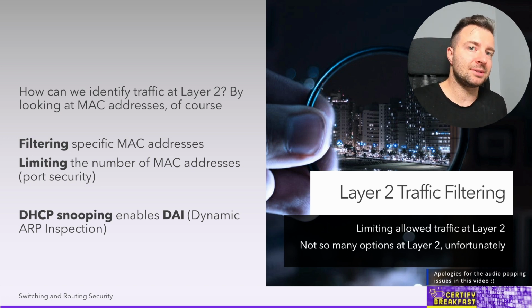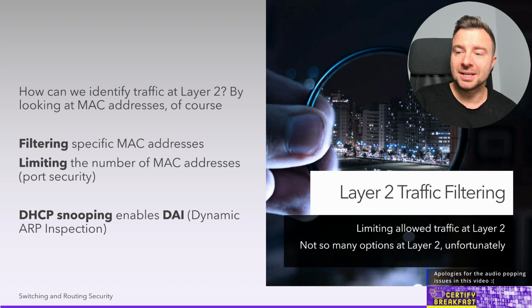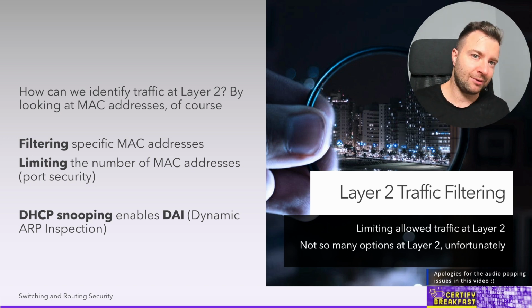And the switch knows about this because the switch knows the original MAC address due to the fact that it was snooping on the DHCP traffic from the very beginning. So it knows which hosts with which IP addresses and which MAC addresses are connected on which ports. So if somebody starts goofing around and starts announcing a wrong or different MAC address, the switch is going to catch it immediately and is going to deny that traffic.